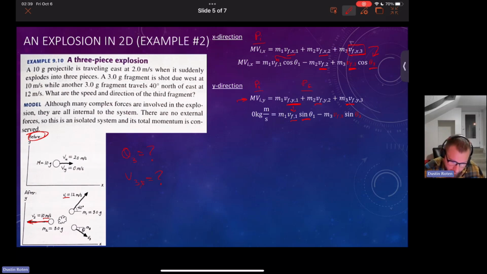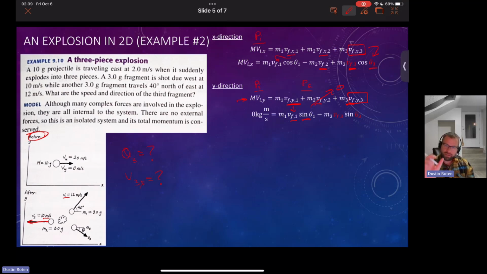vfy1. Well, let's see. We know that the second object, object number 2, is only moving in the x direction. It's moving to the west. So that's going to be 0. We don't even care about it. And I'm going to do the same thing again. So I'm going to take my third object, and I'm going to take its y component velocity. Notice it's v final y, third object.